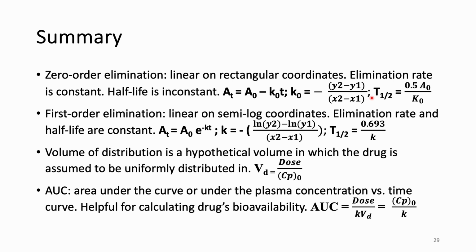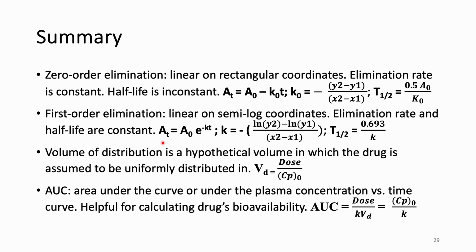In first order elimination, the plot is linear on semi-log coordinates. The elimination rate and half-life are both constant. The amount of drug at a certain time t, At, is equal to A0 times exponential minus Kt.